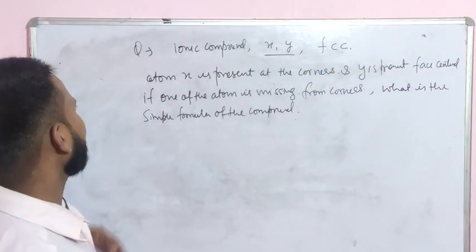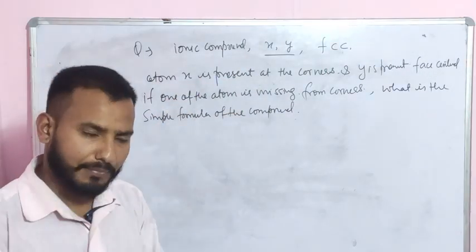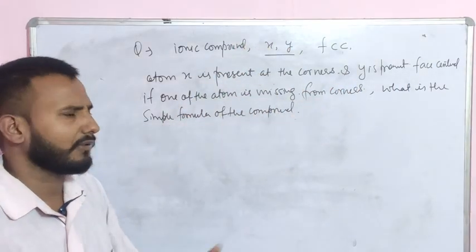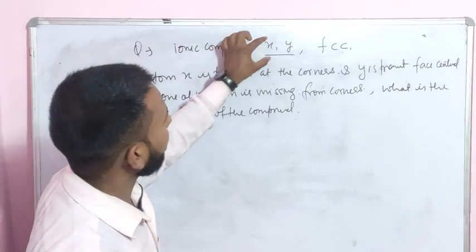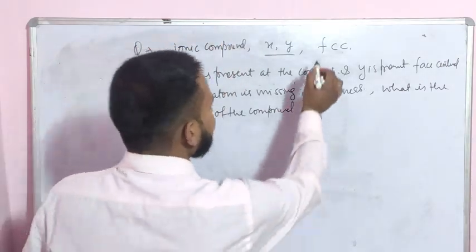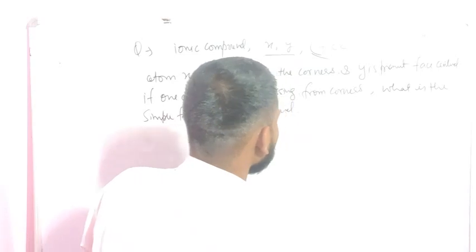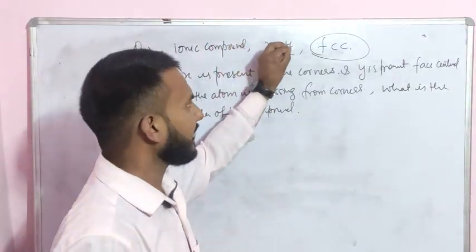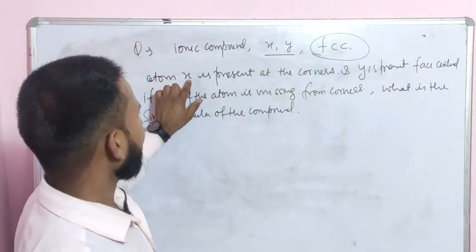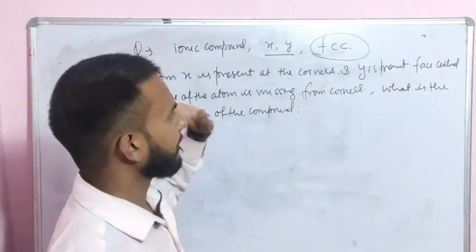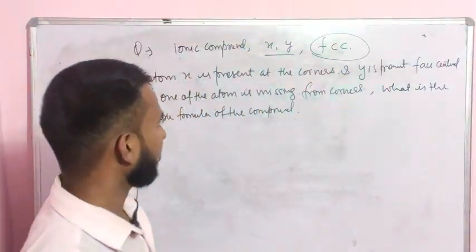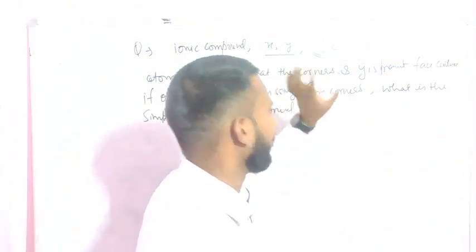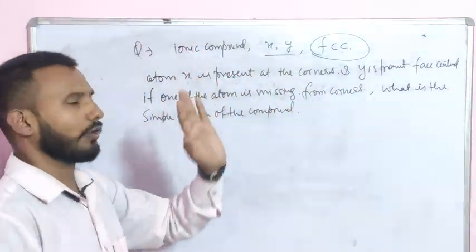I didn't write the whole question, but you have an ionic compound which is made up of X and Y, for example NaCl, whatever it may be. It has a FCC arrangement. Atom X is present at corners only, and Y is present at the face centers. If one of the atoms is missing from corners, what is the simplest formula of the compound?